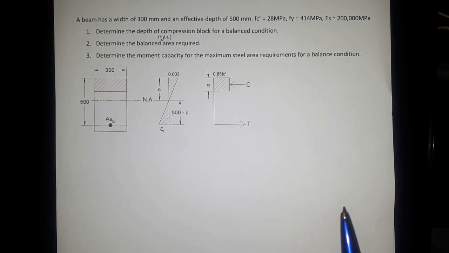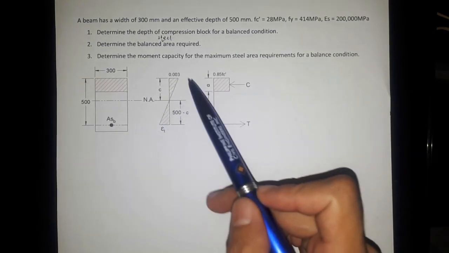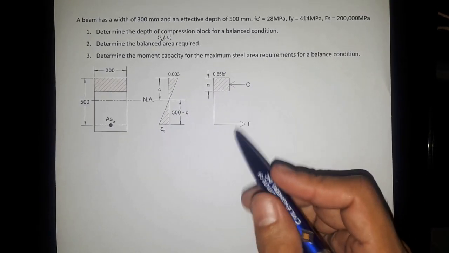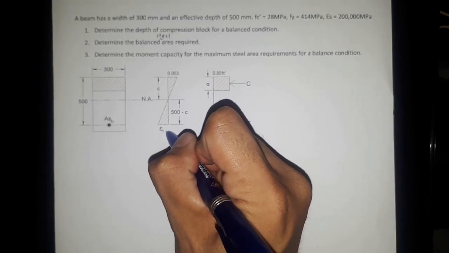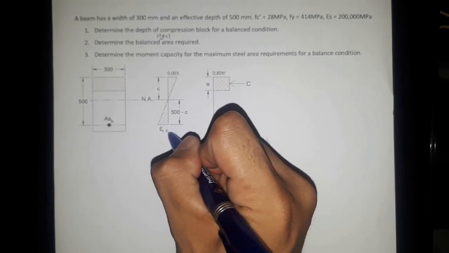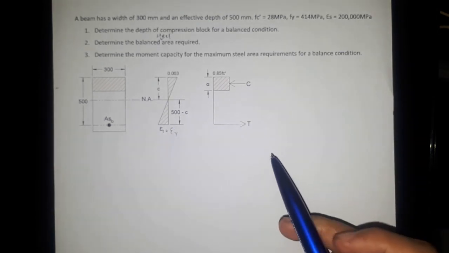So, ito na din yung kanyang strain diagram. So, yung strain ng yield ng steel is equal to the yielding strain.